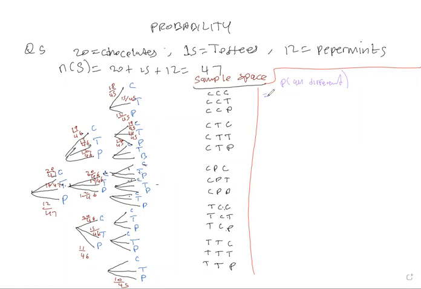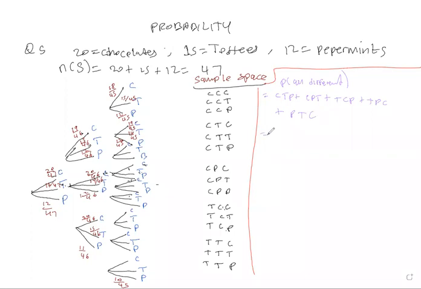This is our sample space, right? So we just go to points where you have 3 different letters when you finish the tree diagram. So you observe that you're going to have CTP plus CPT plus TCP plus TPC and plus PTC. So those probabilities are the ones that will give you the required answer.